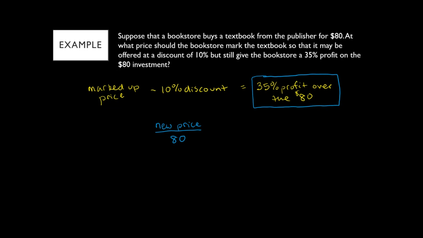We paid $80, so it's going to be over the original price, which is $80. We want to be able to mark it up by 35%. So I'm using that formula to figure out, okay, after the 10% discount, what are we going to sell this for? That's going to be what we have considered for our new price here. It's going to be the price after discount. So we just label that here.